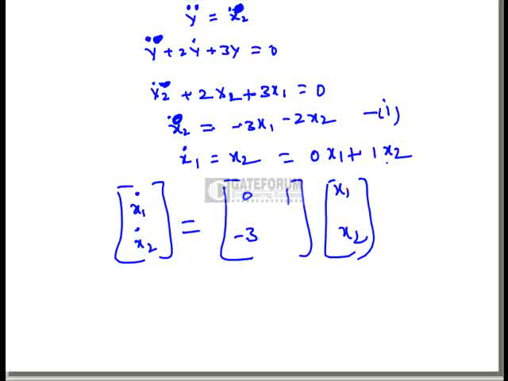So the state matrix A is [0 1; minus 3 minus 2]. A is the state matrix, so we have to go for option A.